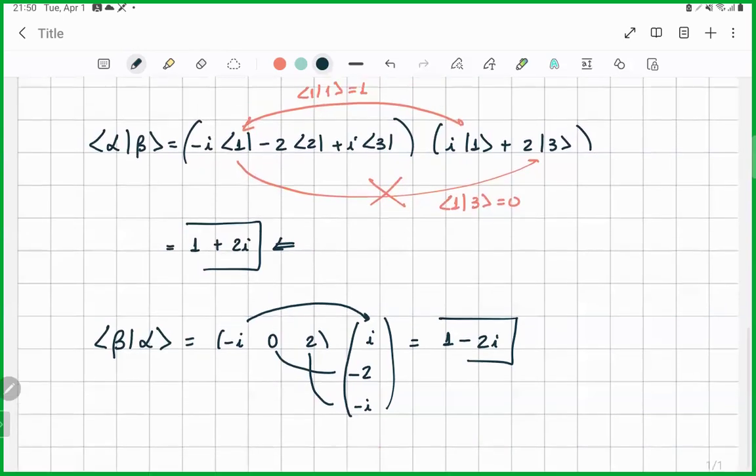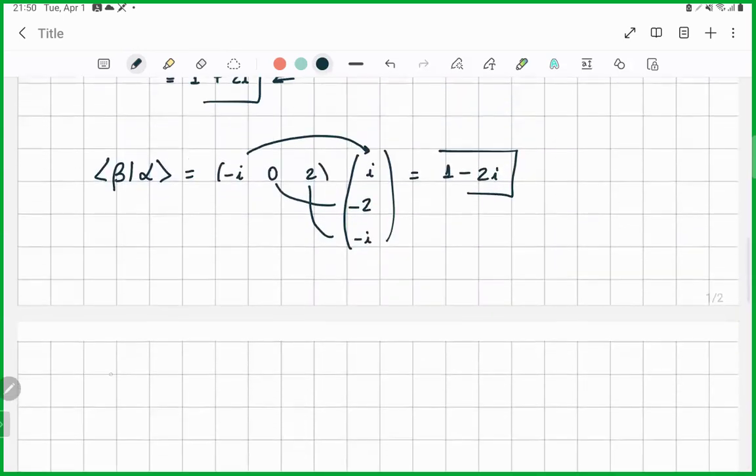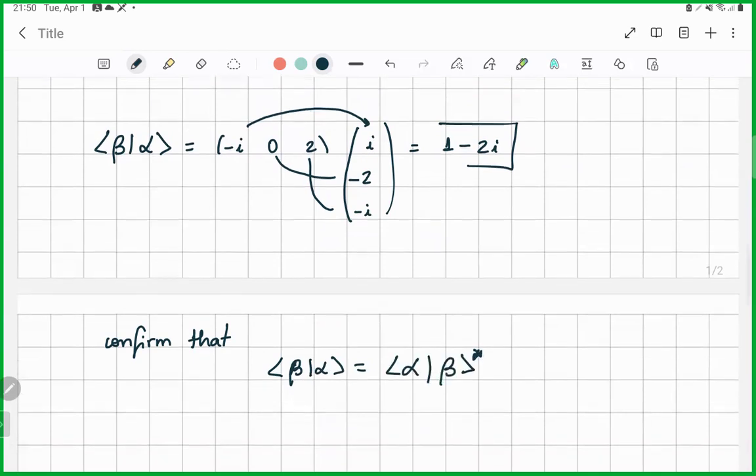Confirm, now that we have these two, confirm that beta alpha is equal to the conjugate of alpha beta. Well, is this true? We just got above that this is 1 minus 2i. Okay.